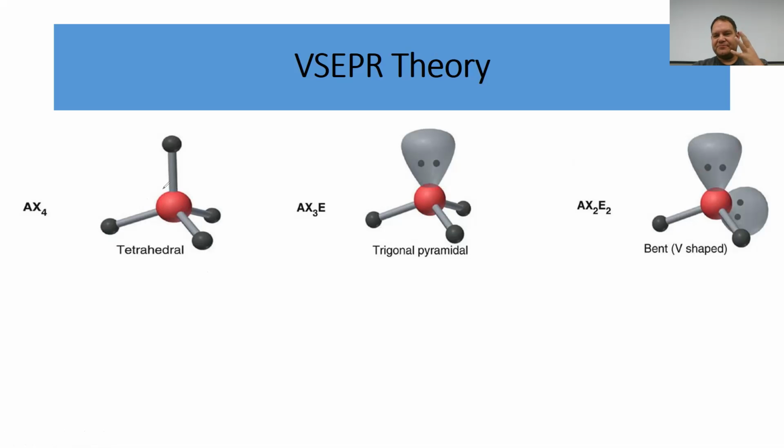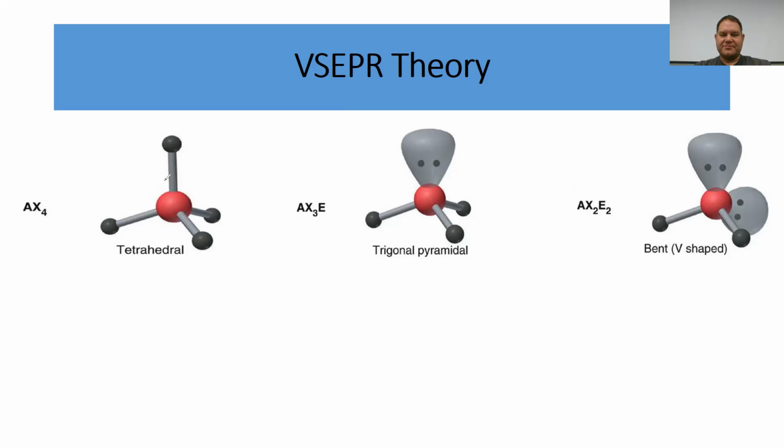What is the furthest that we could get those 4 bonding domains away from one another? Now, you might first think it's 90 degrees, but you would be wrong. They're not 90-degree angles, because these are 3-dimensional structures. We can arrange those to be even further away than 90 degrees.